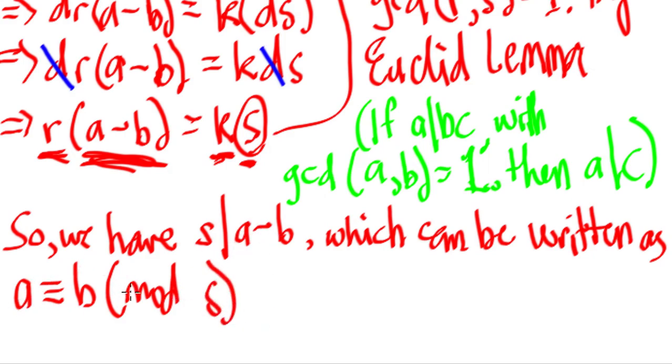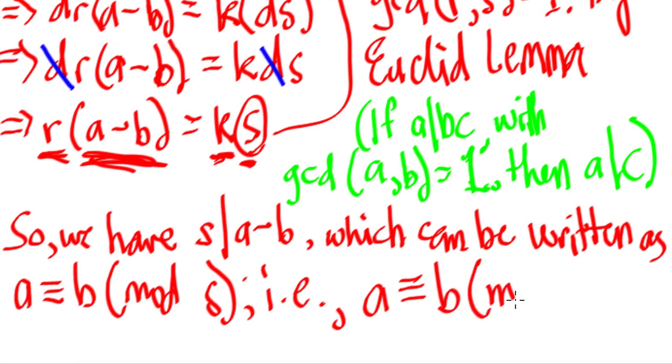A minus B being divisible by S is just equivalent to saying A is congruent to B mod S. So in other words, since we have an S here, we say that A is congruent to B mod N over D. Where did we get this?